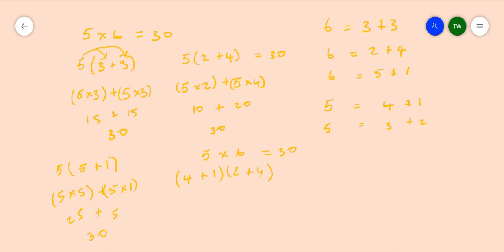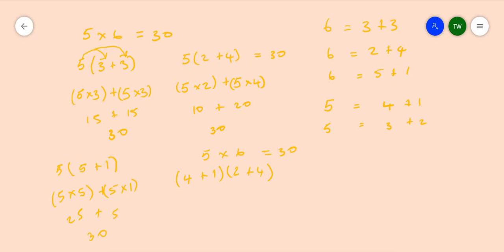Now, our job is to multiply these two brackets without adding the numbers inside of the bracket. So how do you think we could do it? Well, we could still use the same approach. It's just that we're dealing with two different numbers. So we're going to take this 4 to multiply the 2 and take the 4 to multiply the 4.